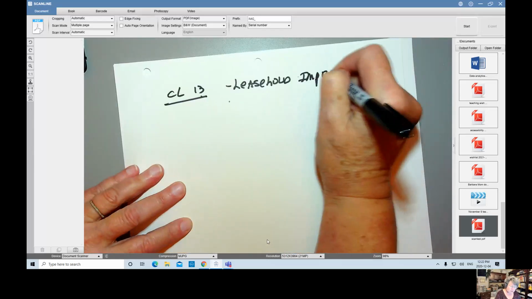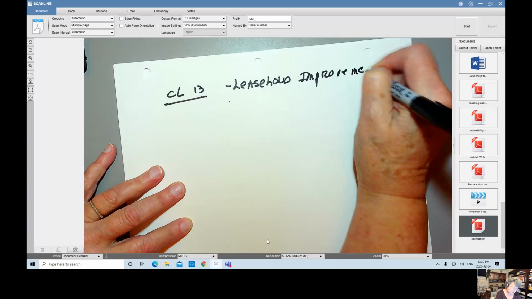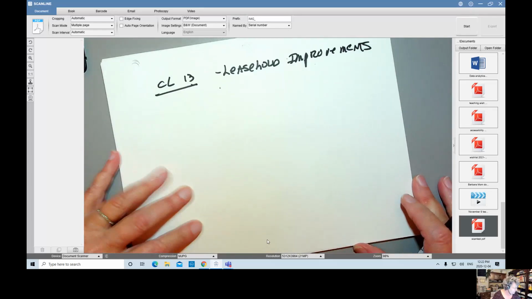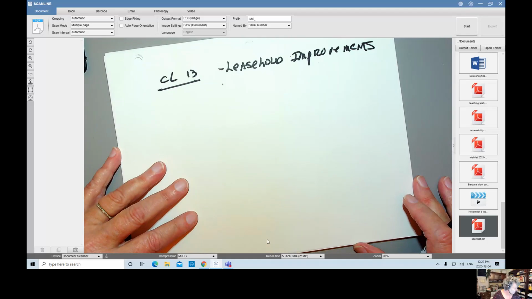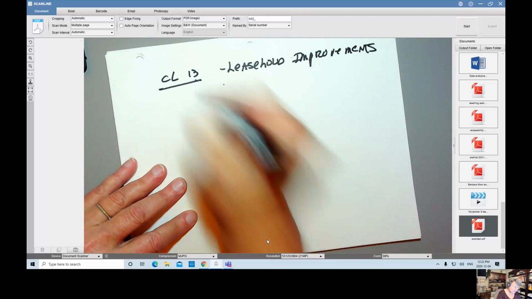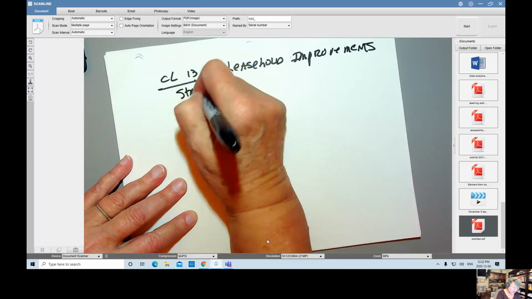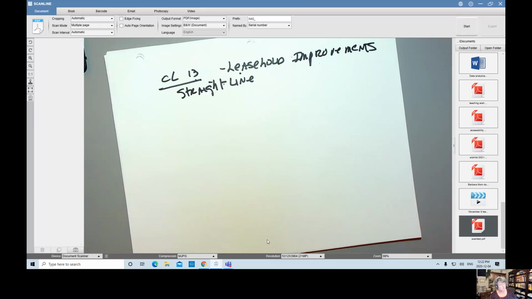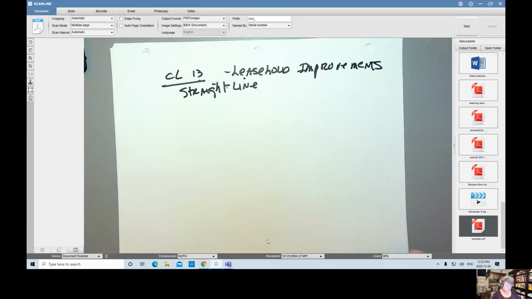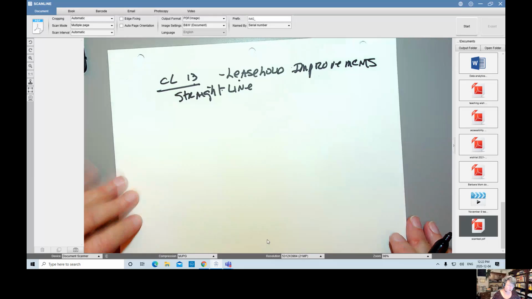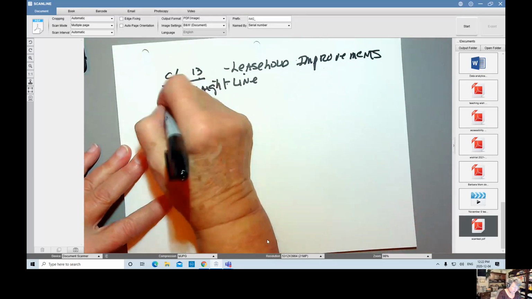So if a company leases an asset, typically this would be related to a building, this will be a straight line calculation. So the company leases the building and they might put up walls or partitions to divide it up the way they want. Now this one is a lesser of calculation.